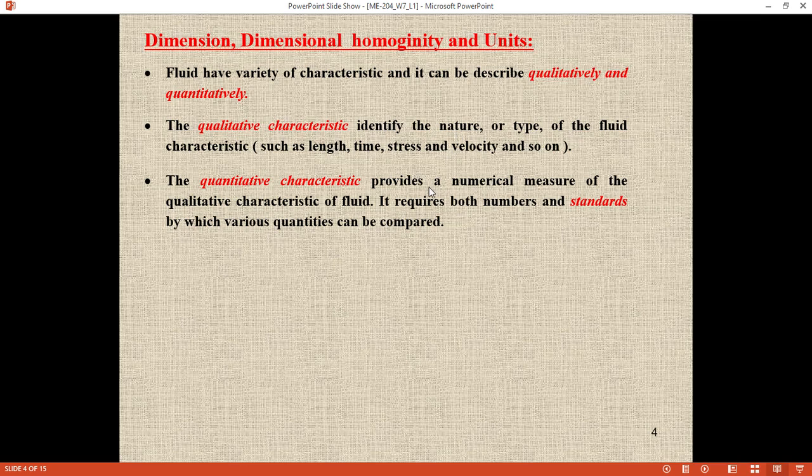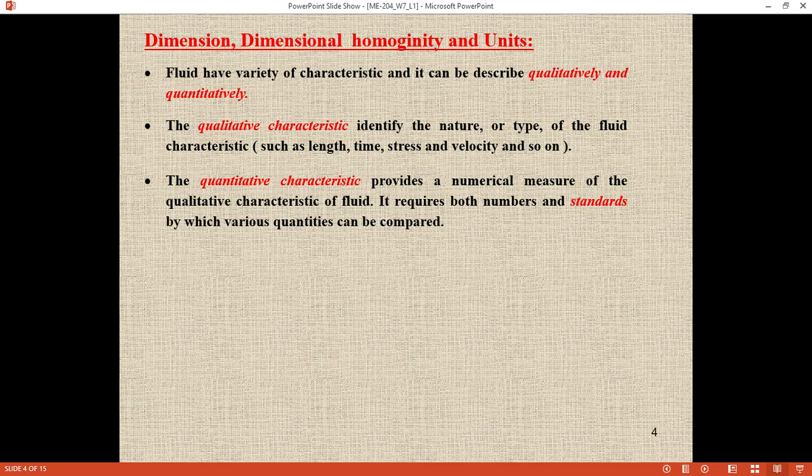But here, because these properties are physical properties, they must have magnitude, so that is indicated with numbers, and also these numbers should be explained by using some standards. Standards means the standard of units, that is SI system, CGS system, FPS system.